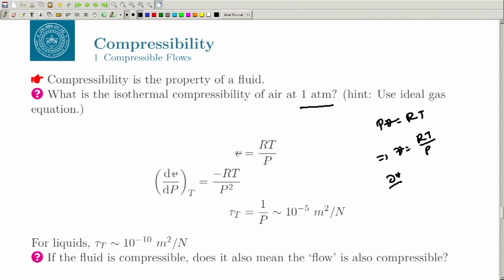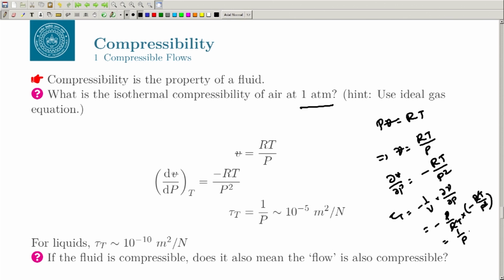Del V by del P. That will become minus RT by P square. So, tau T is basically minus 1 by V del V by del P, and V is equal to RT by P. So, you can write it as minus P by RT into minus RT by P square. This will cancel out, and minus will become plus, giving 1 by P.